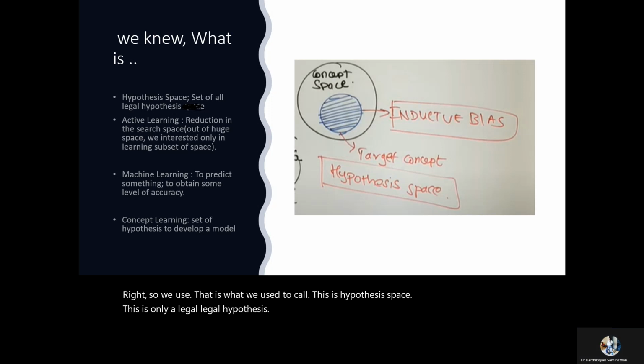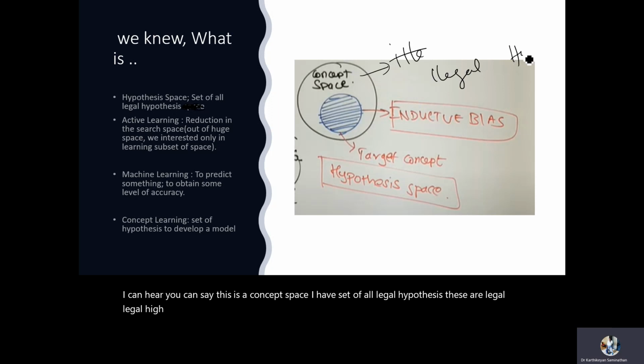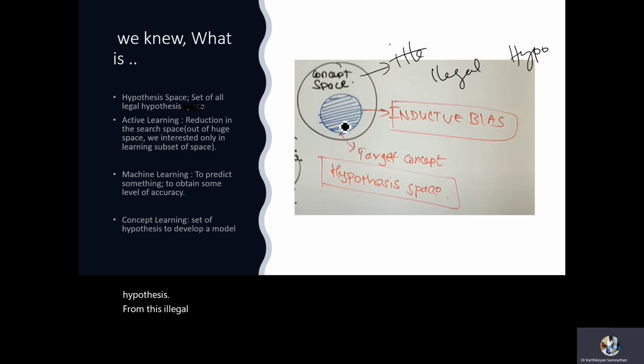Then here you can say this is a concept space. I have a set of all legal hypotheses. From these legal hypotheses, I am taking a few examples. So these are few training samples. I am restricting from this overall concept space.